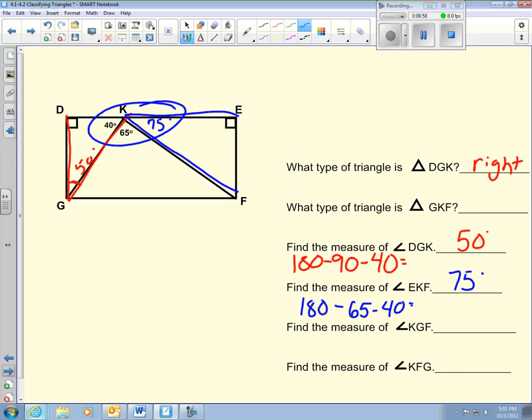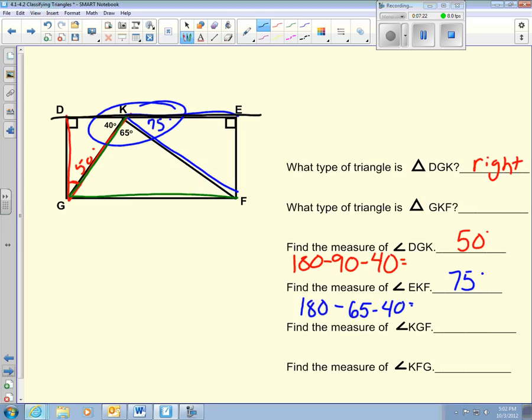All right, good. So now the next measurement is to find the measure of angle KGF. I want you to look at this one. There is a special relationship with some parallel lines and a transversal.